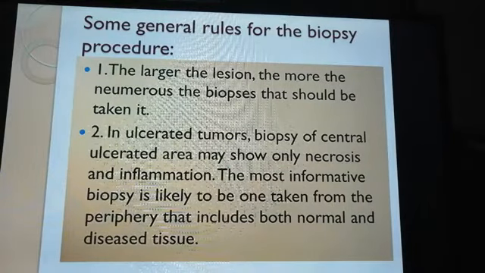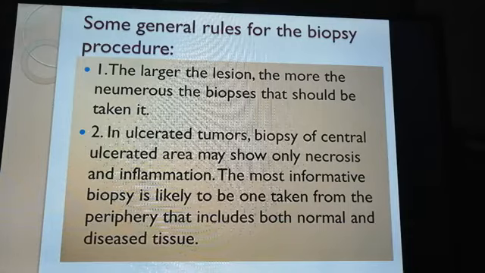Now some general rules for the biopsy procedure. Number 1, the larger the lesion, the more numerous the biopsies that should be taken. Number 2, in ulcerated tumors, biopsy of the central ulcerated area may show only necrosis and inflammation.